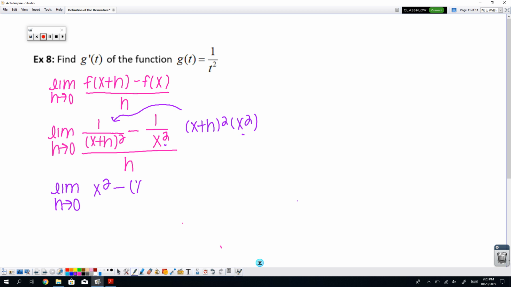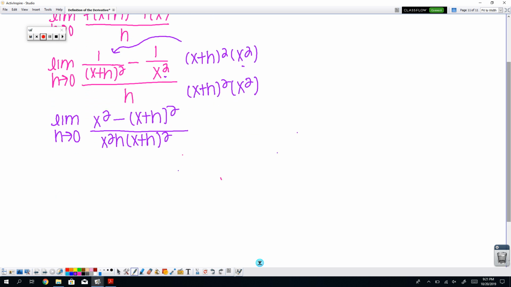So we have x plus h squared all over, now you have to do the bottom part too, x plus h squared and x squared. Okay? So, what we're going to do is rewrite it as x squared h times x plus h squared. We're going to leave the bottom as is and hope that the top can help us simplify it.